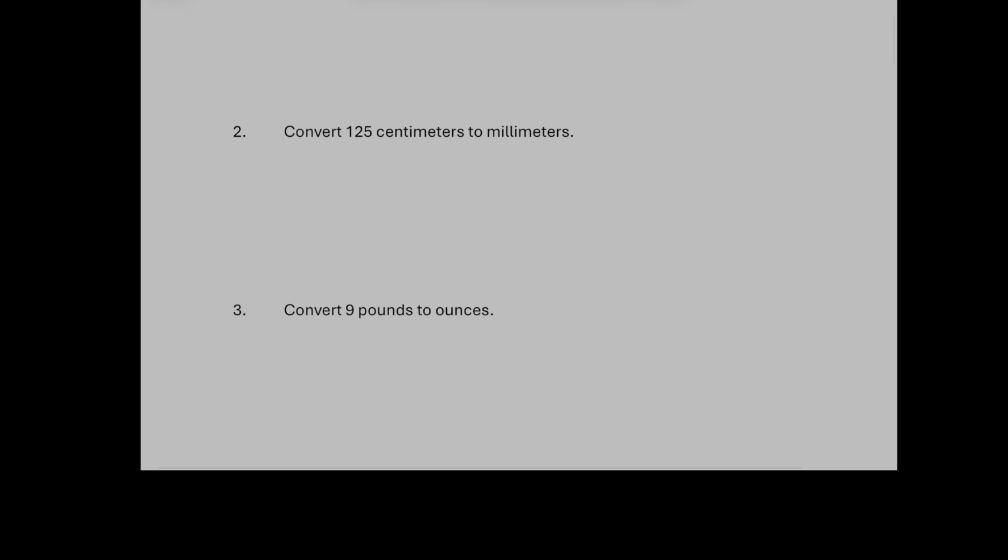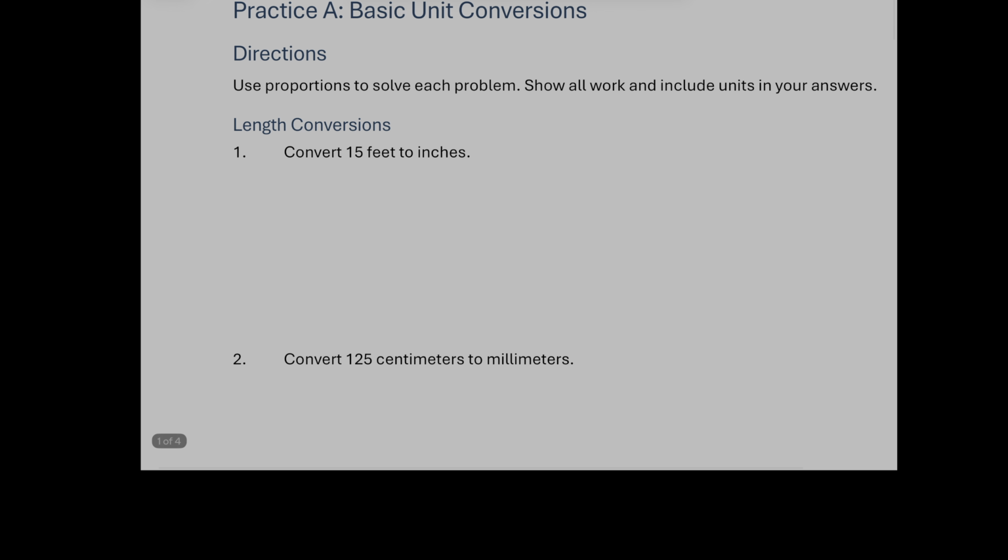So I want to convert 125 centimeters into millimeters. Oh, wait, nope. I want to do number one, 15 feet into inches. 15 feet over, and I want to turn it into inches. I'm just going to write that as over 1, because I don't know how many yet. I'm going to multiply this by a conversion rate.